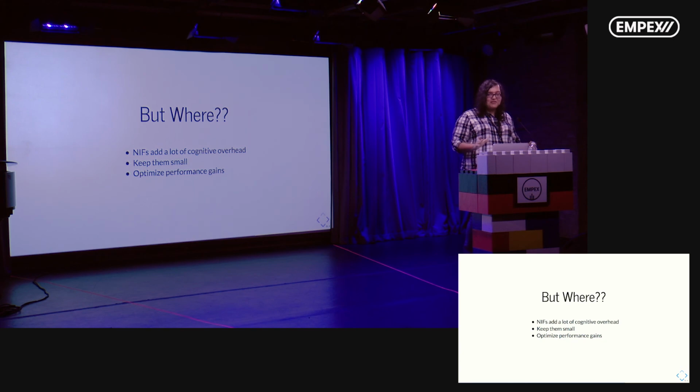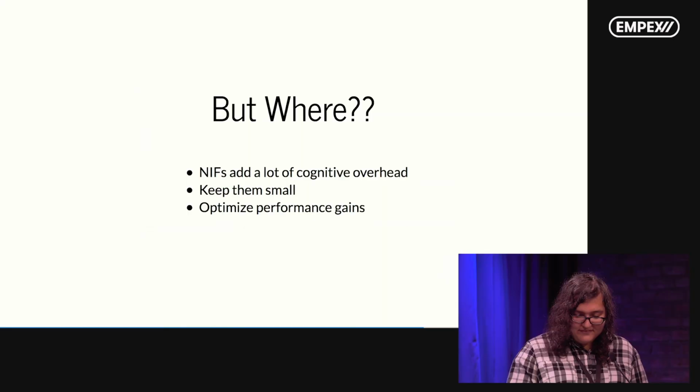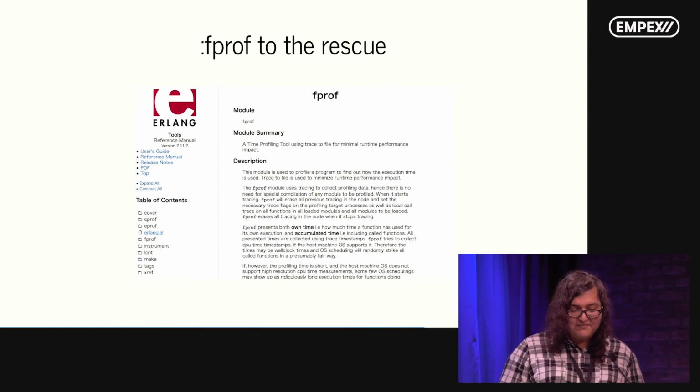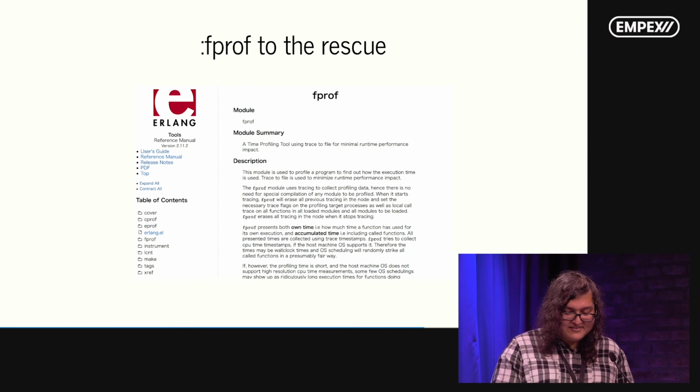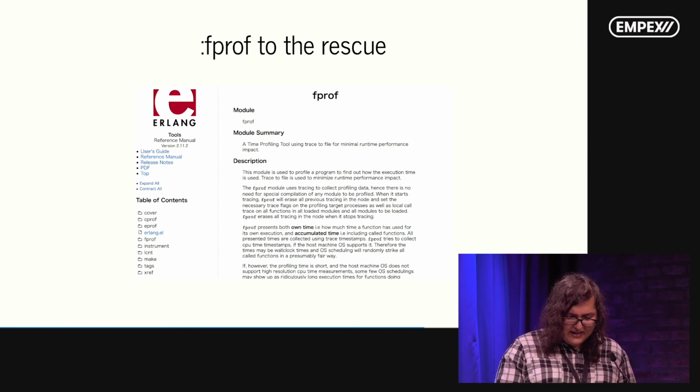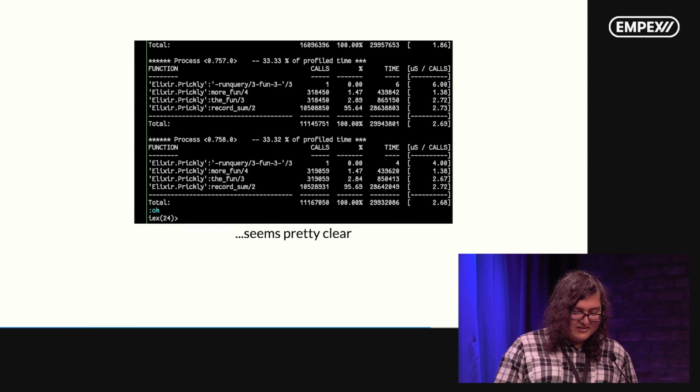And to figure out where we're going to do that, we used an Erlang utility called fprof. There's a whole family of tools: cprof, eprof, and fprof. These are the built-in Erlang profiler utilities, and they're really straightforward to instrument your code with. They give you a result in your IEx prompt that looks kind of like this.